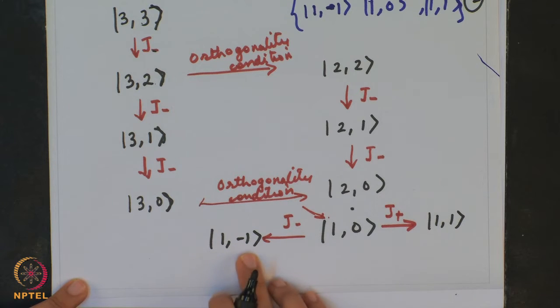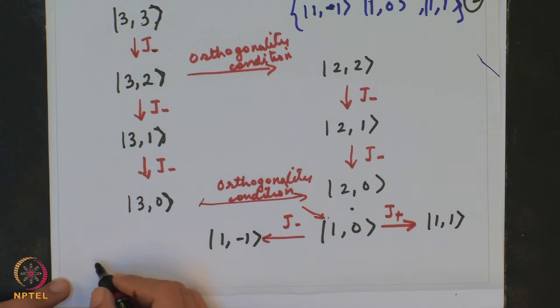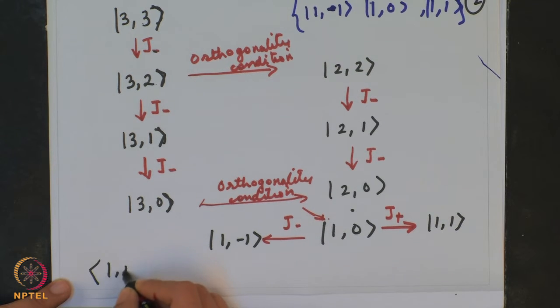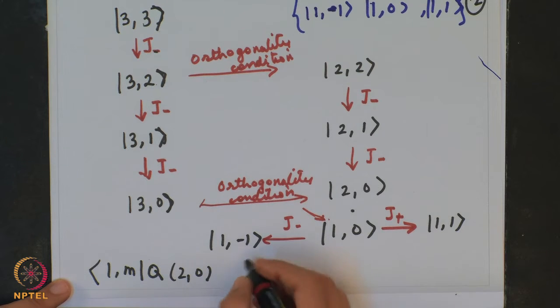So, once you obtain the 1 minus 1 state, 1 0 and 1 1 state, you have to find out this quantity 1 m q and 2 comma 0 and m 1 comma m.